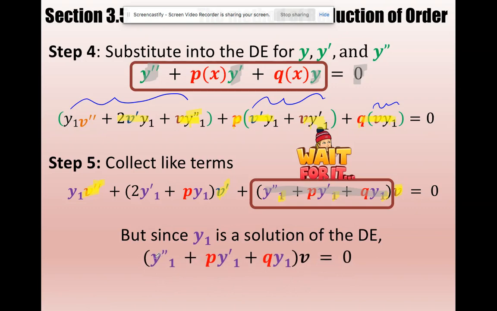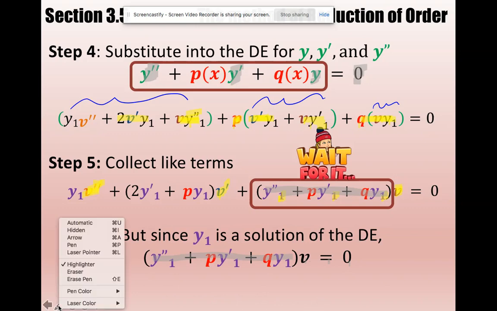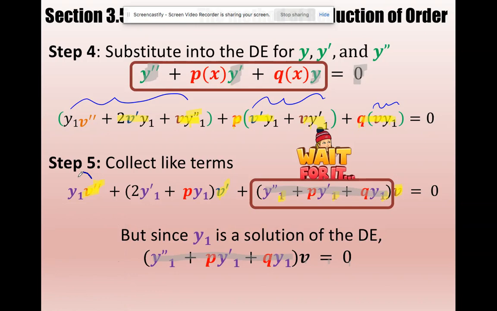This whole term in front of the v is equal to 0. So this term times v is equal to 0, which means after I collected like terms and realized what was happening, I now only have a 2-term equation.